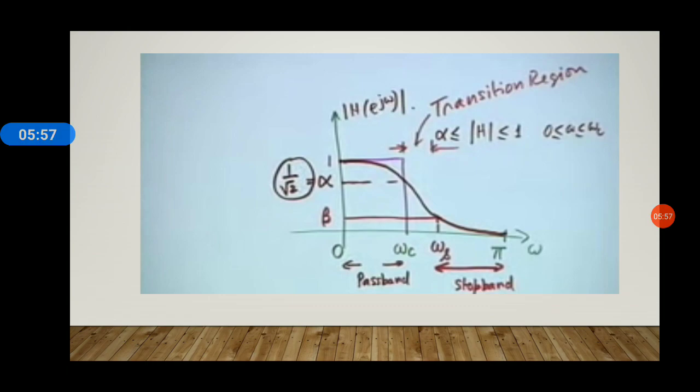Now omega s to pi is the stop band, and in between this pass band and stop band lies the transition region. That is, the characteristics of a required or a practical low pass filter should not go abruptly from pass band to stop band. It should have a transition region in between, and the sharper the transition region is, the better filtering it does.